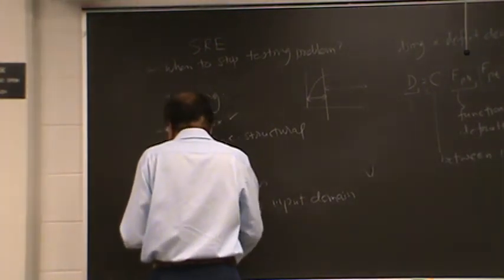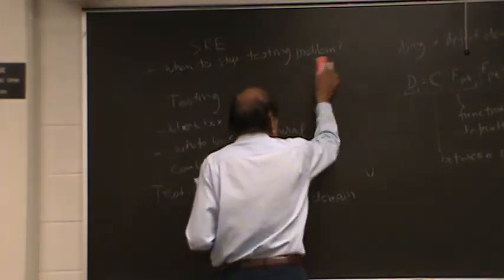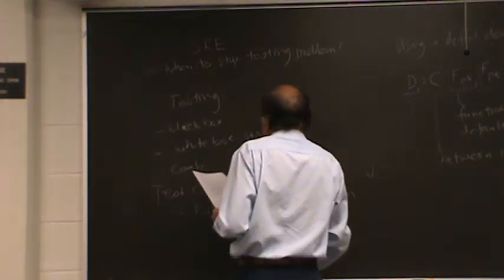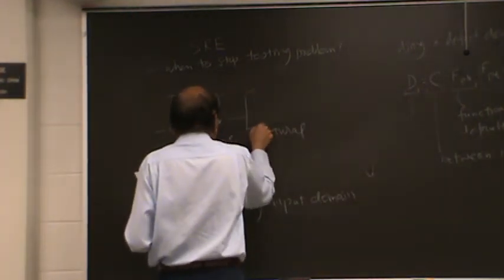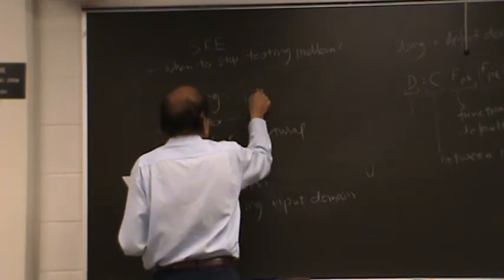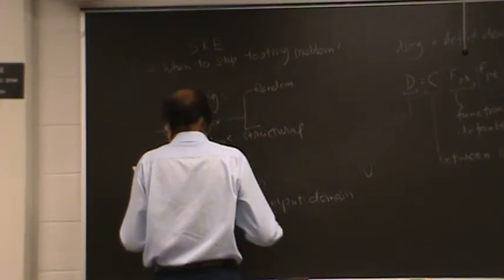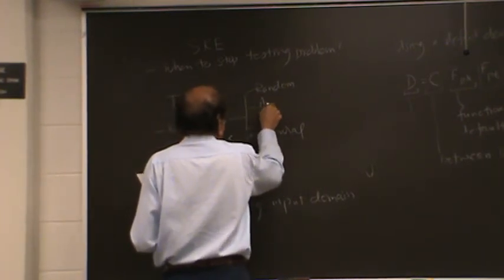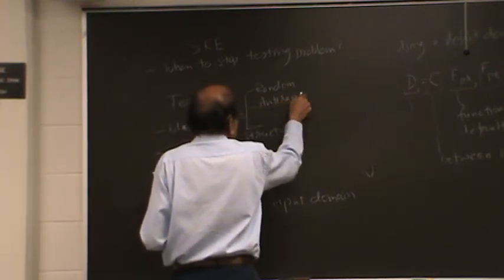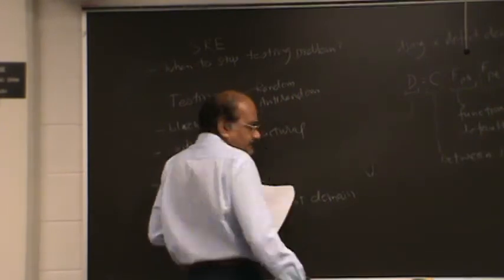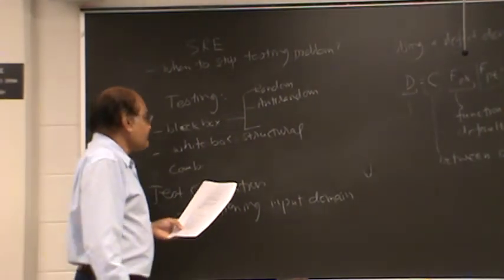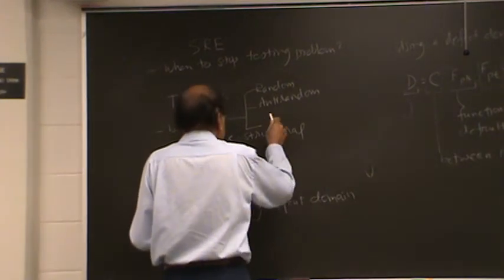And here, your black box testing, as I was saying, could be random. It could be anti-random, which I have not talked about, but perhaps I will talk about it sometime. And deterministic.